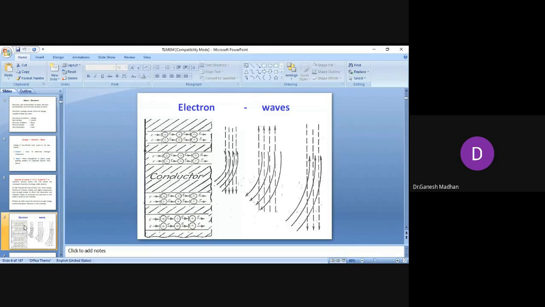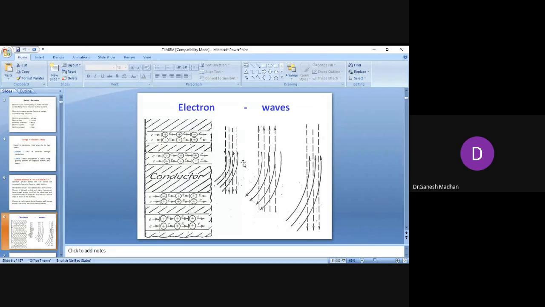And if the current is alternating, right, you get electric and magnetic fields. So if you see the first diagram on the left side, maybe you are able to see the cursor. So the electric field direction is top to bottom, and the magnetic field direction is anti-clockwise.